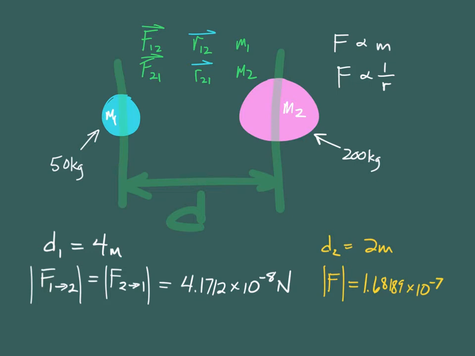So we have these proportionalities. All right? So what do we do with that? So the way that this plays out when we have force proportional to mass and force inversely proportional to the distance.